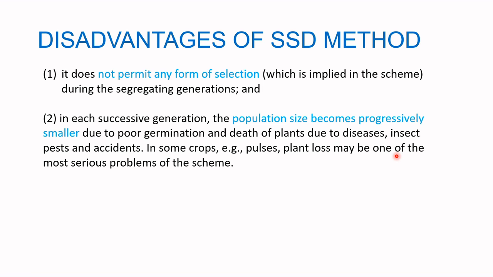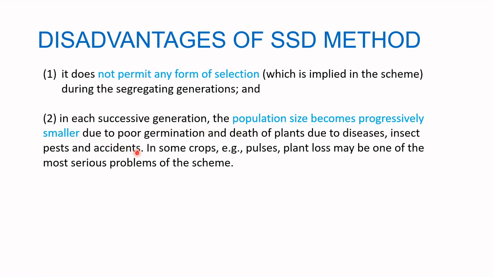Some of the disadvantages of the SSD method are that it does not permit any form of selection during the segregating generations, and in successive generations the population size becomes progressively smaller.